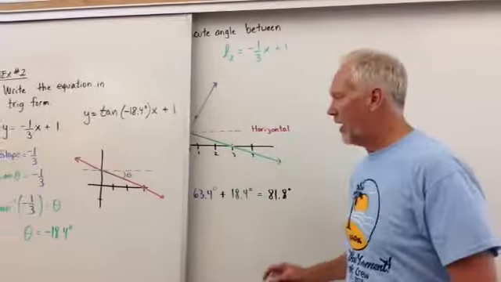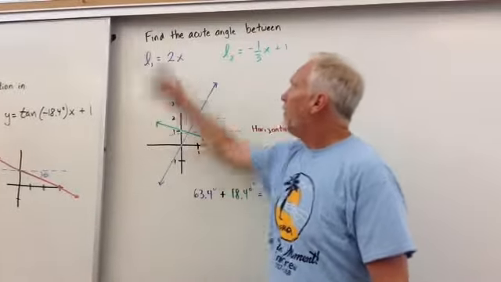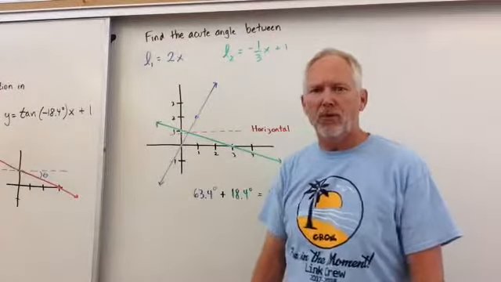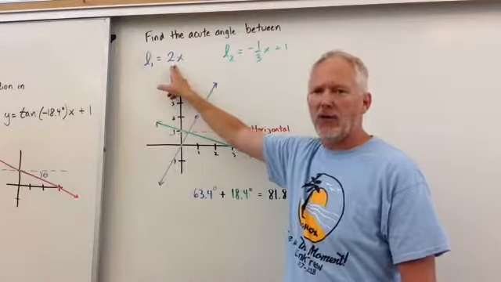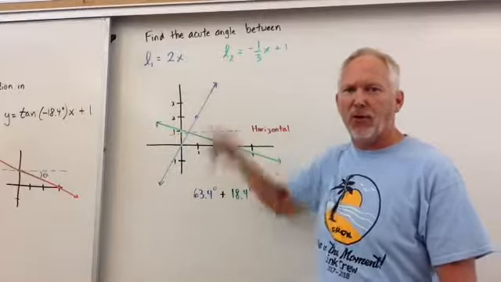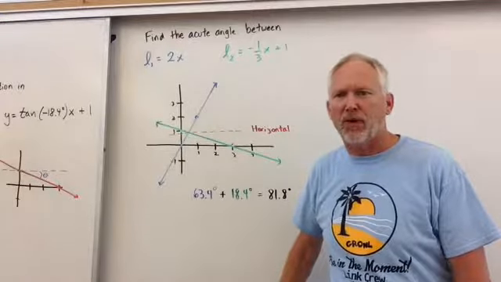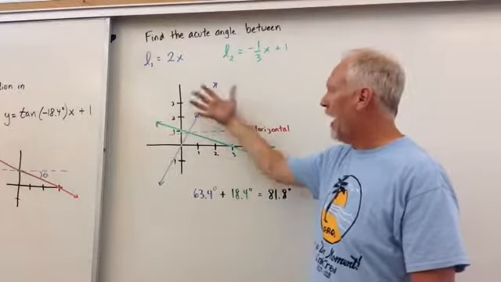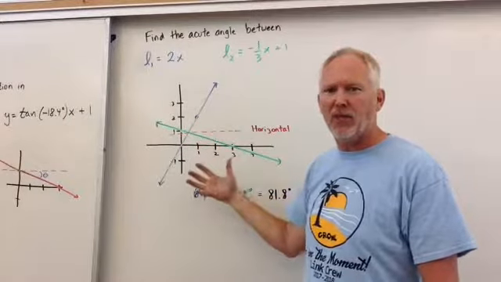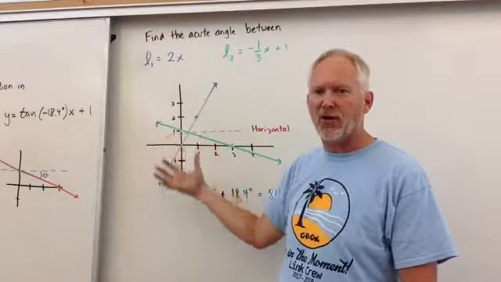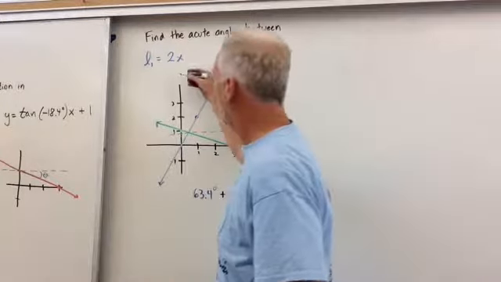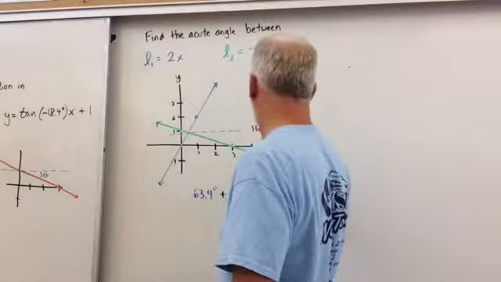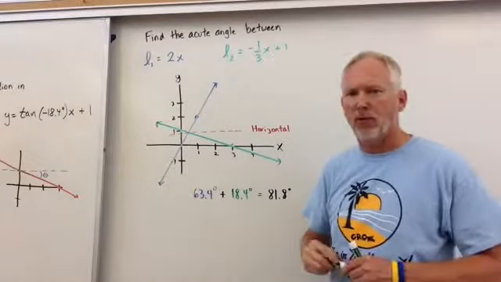Now the question says, find the acute angle between the two lines, L1 of 2x and L2 of negative 1/3 x plus 1. So we graph these on the same Cartesian plane, which is just a general xy axis. Label that up: y and x.